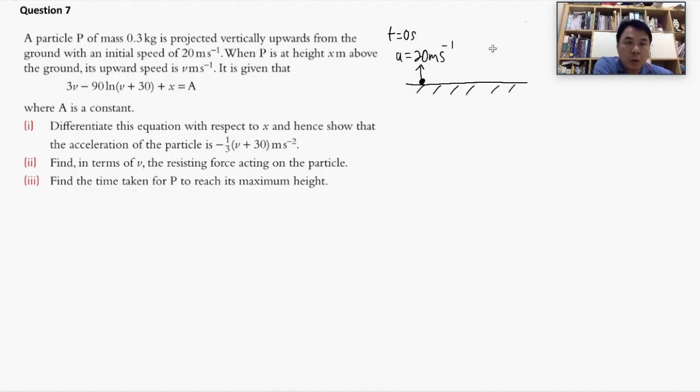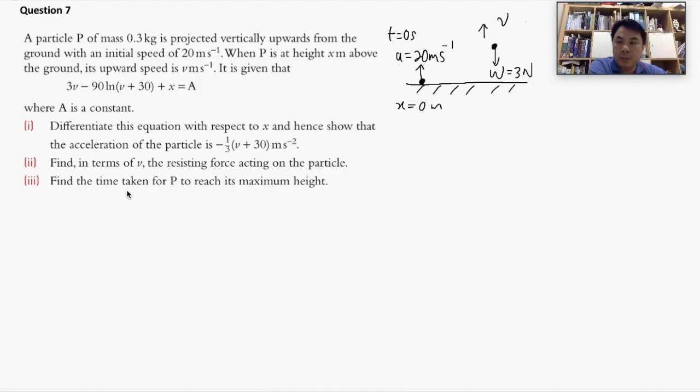No. So the only force acting on the object at this point is the weight, which is 3 Newtons in this case. v is the upward velocity. Okay, so I think we are ready at this point. So when t is equal to 0, u is this, x is equal to 0 meters.